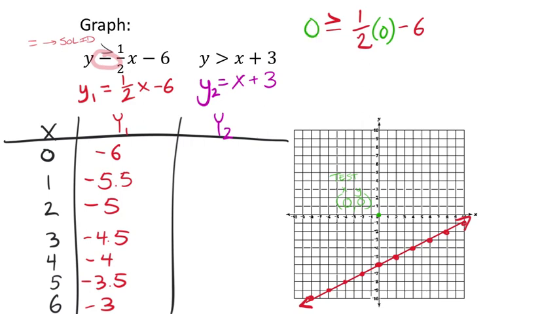And then we're just checking this for truthfulness. Okay, so this would be 0 is greater than or equal to, put this in the calculator, 1/2 times 0 minus 6, and you get negative 6. Okay, so the statement is showing 0 is greater than or equal to negative 6. It's not equal, but it is greater than, which means that we're looking at a true statement.